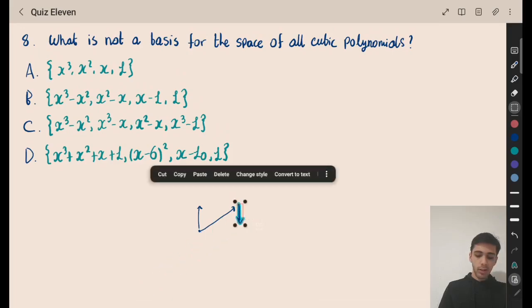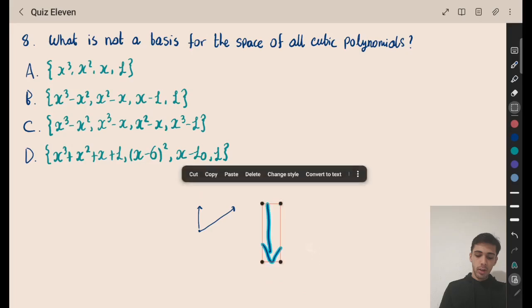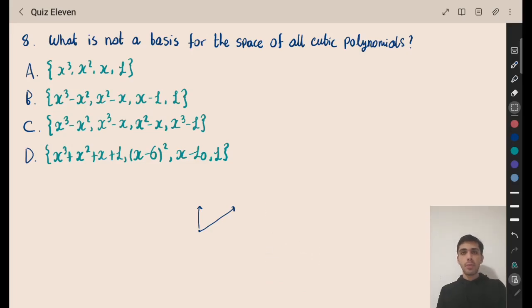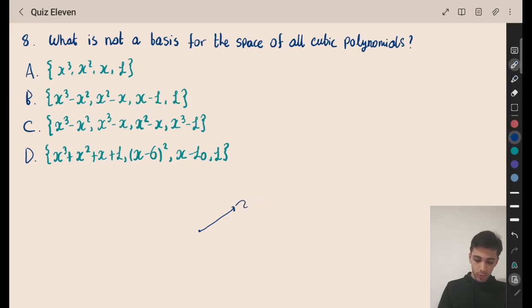Along this line, and as I go I can stretch it and shrink it, stretch it and shrink it. And if I'm able to do this, then I should be able to span the whole plane.